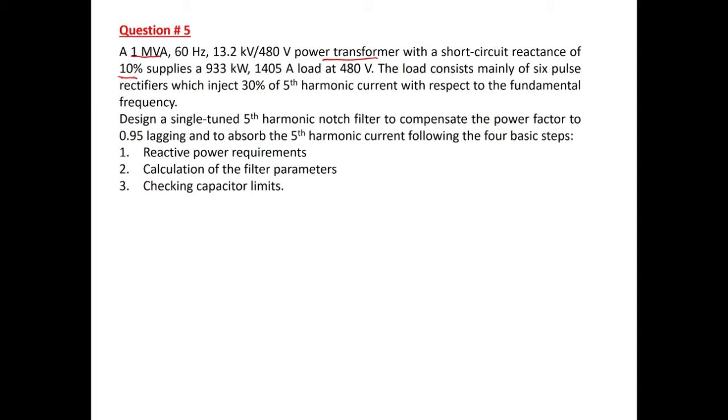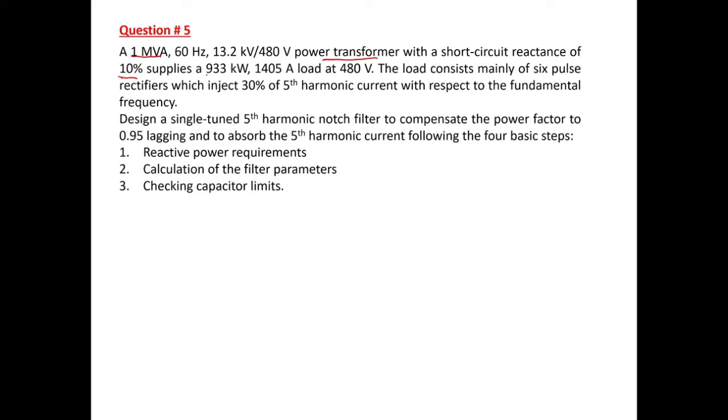So we have a transformer that has X per unit equal to 0.1. We can calculate the Z base, V square over S, so 0.48 square divided by 1, that will give us Z base. Multiply Z base times 0.1, that will give us the impedance of the transformer.